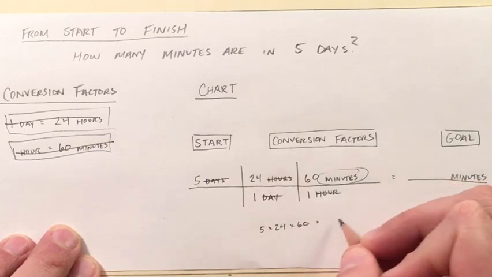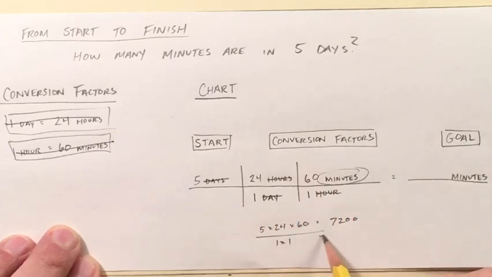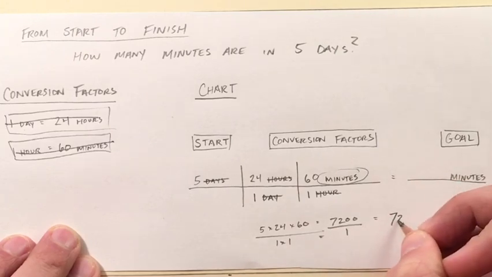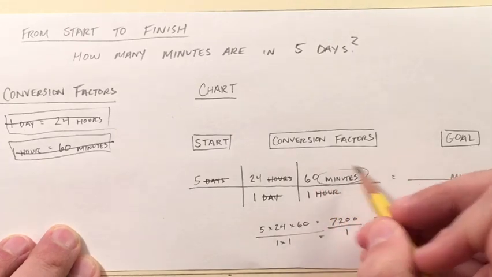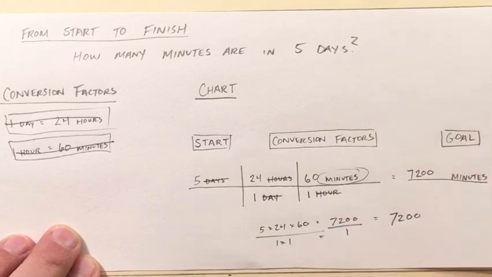That is going to equal 7,200. And everything in the bottom, which is just 1 times 1, just equals 1. So it doesn't change our answer at all. We get 7,200. And that goes with the only unit we have left, 7,200 minutes.